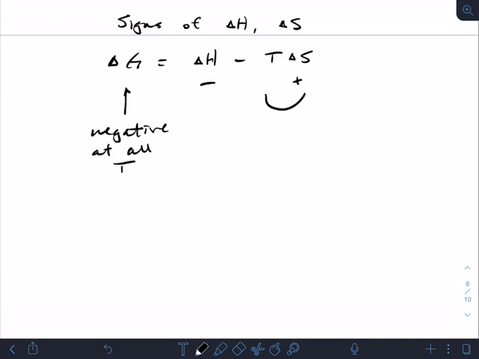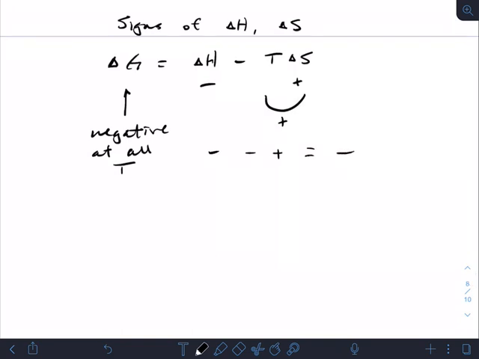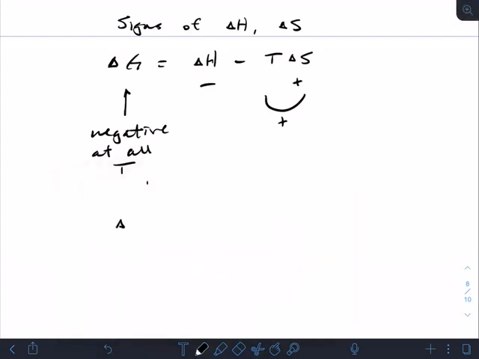If delta S is positive, then T delta S will be a positive value, and I'll have a negative minus a positive, which still equals negative. So delta G will be negative at all temperatures, regardless of what the temperature is.